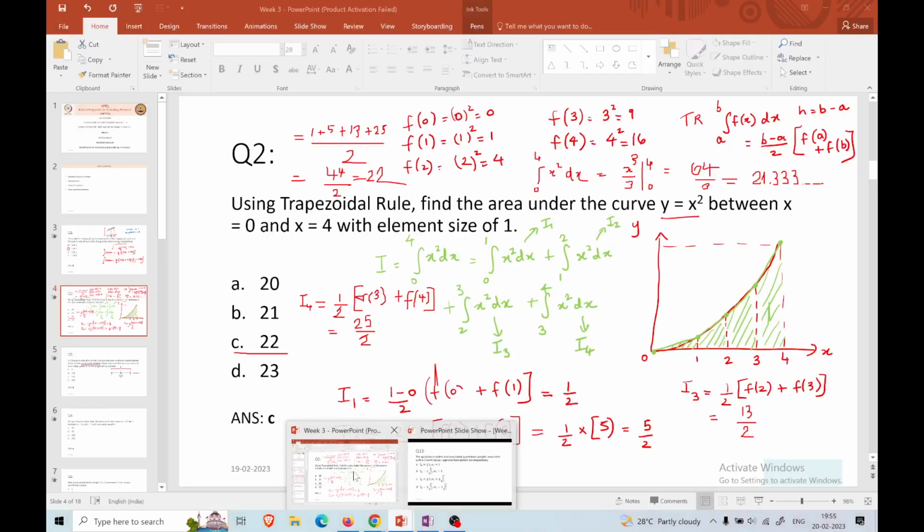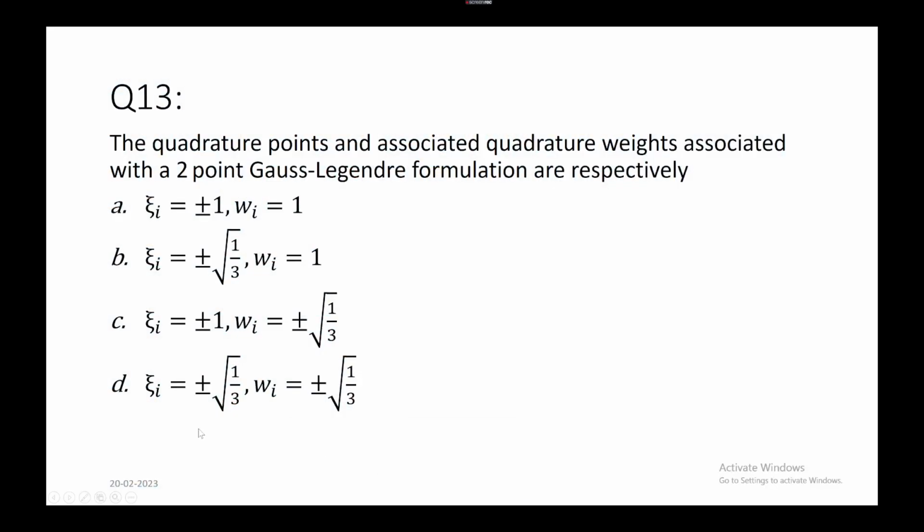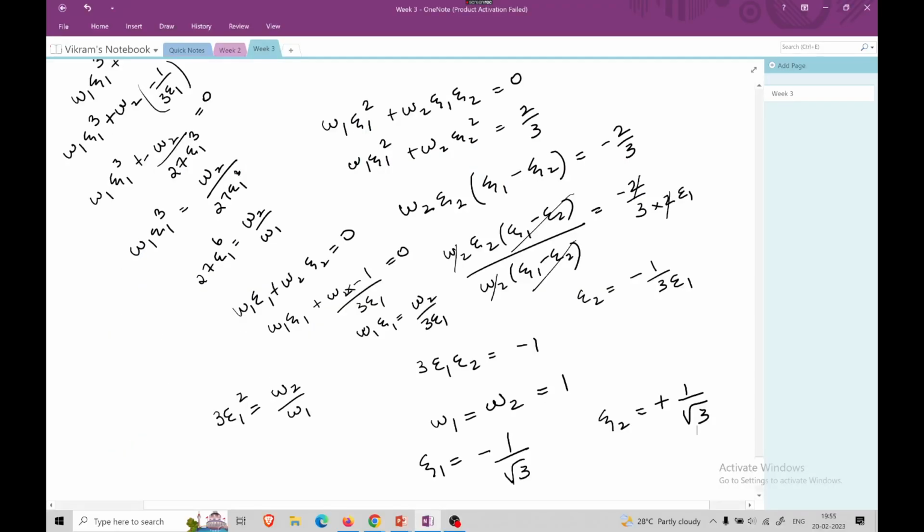So if you go to this, the answer will be B. So it's just a matter of solving the 4 equations. If you solve everything, you will get W1 W2 as 1 and epsilon 1 and epsilon 2 as plus or minus 1 by root 3.